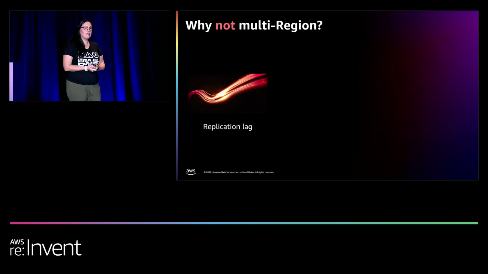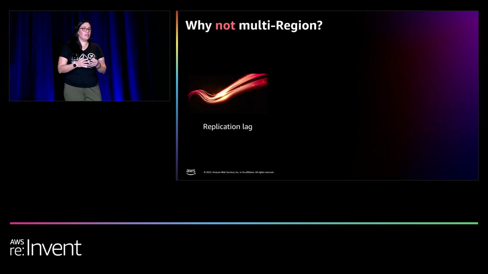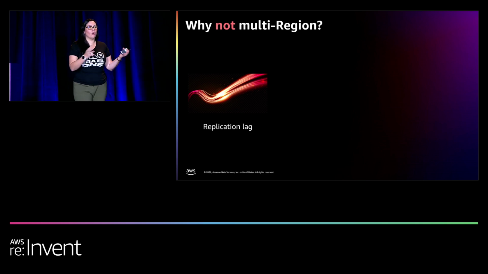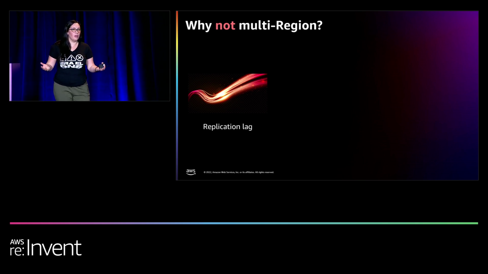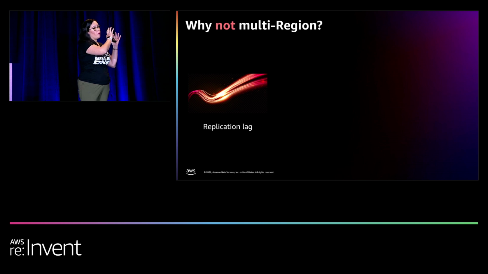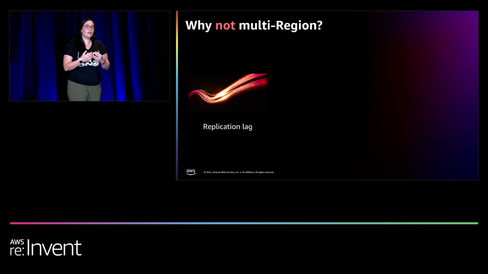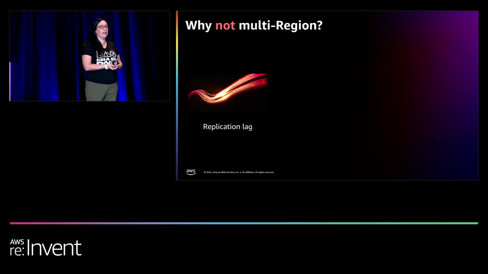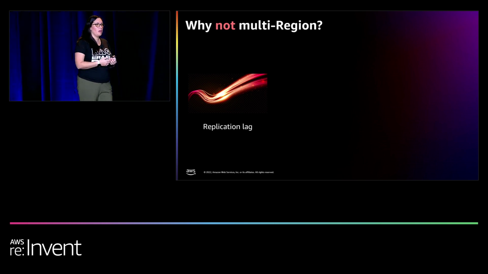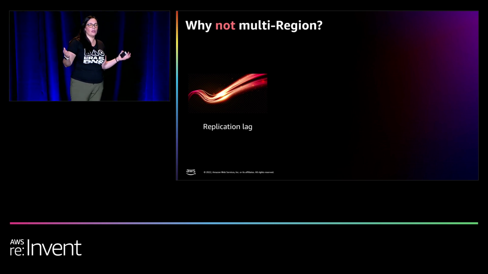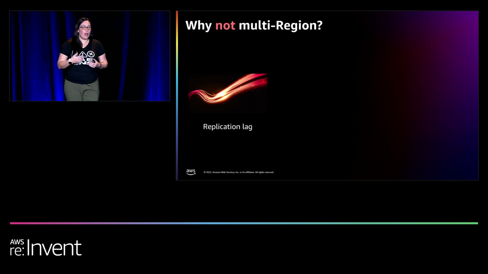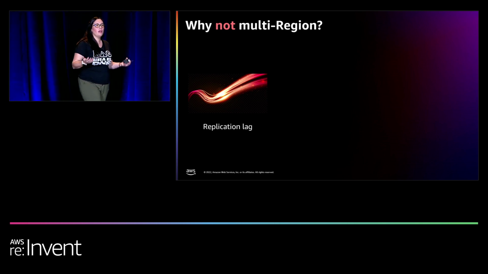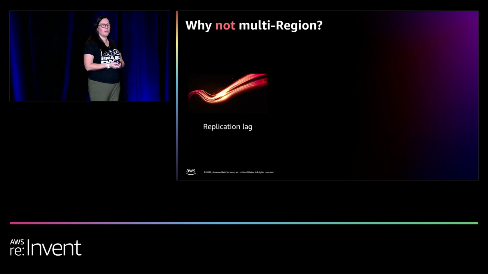The first one is the replication lag. These are the laws of physics. We have regions all around the world, the world is big, and moving data from Virginia to Ireland needs to go through physical space, and it adds some latency to your application. Maybe there are 9,000 kilometers between one region and another, and that might add 50 to 80 milliseconds of replication lag.